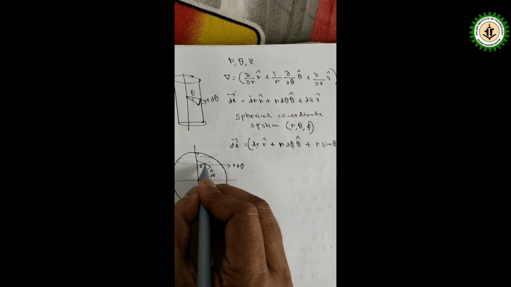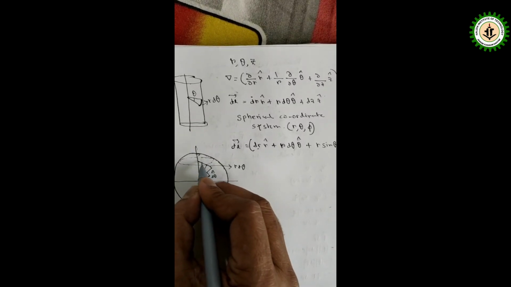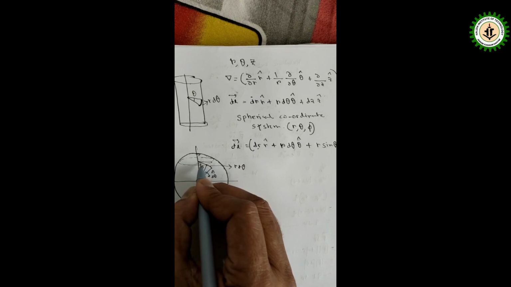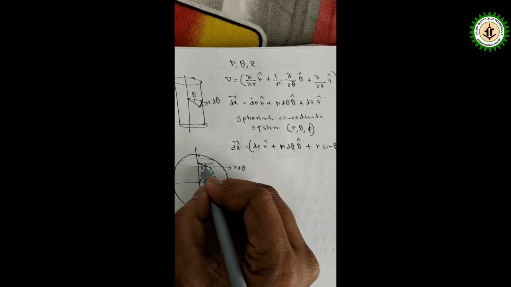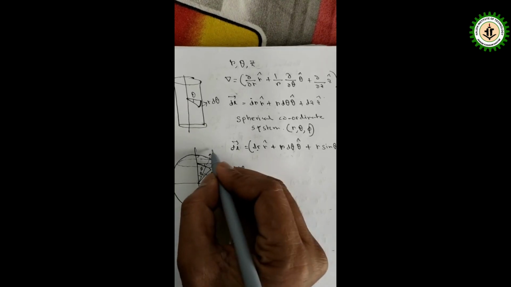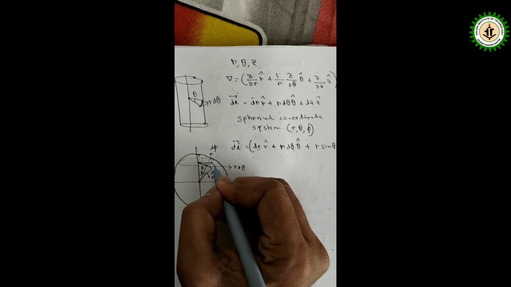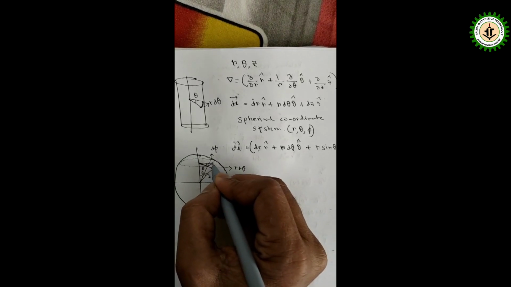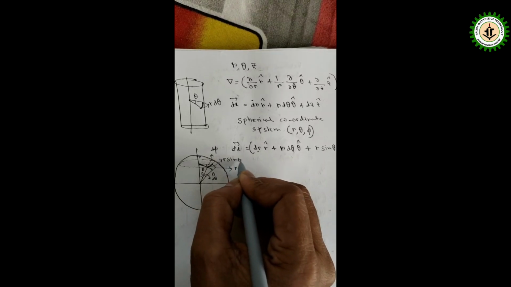Now if I move along this direction, the radius is not r. Basically it is moving with the radius. If this is theta, and this is r, then this radius is r sin theta, and within the r sin theta radius I am moving through an angle d phi. So this length is r sin theta into d phi.